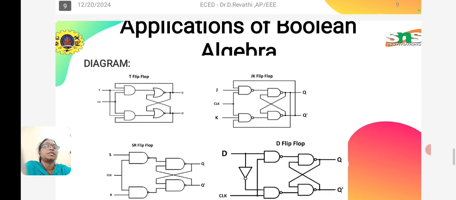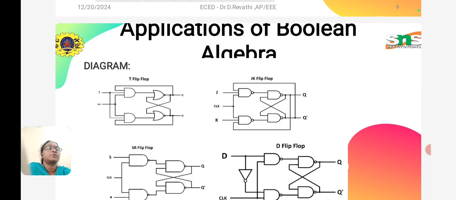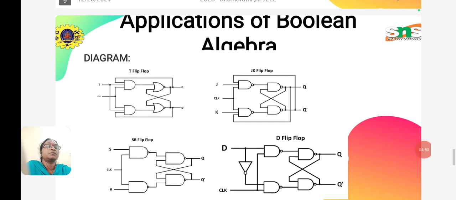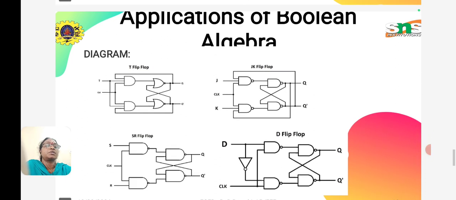These are the diagrams of our four flip-flops: T flip-flop, JK flip-flop, RS flip-flop, and D flip-flop. Here we normally use NAND gates to form the logic, along with the SR flip-flop.